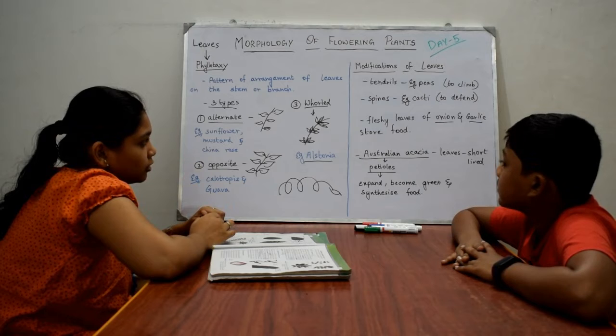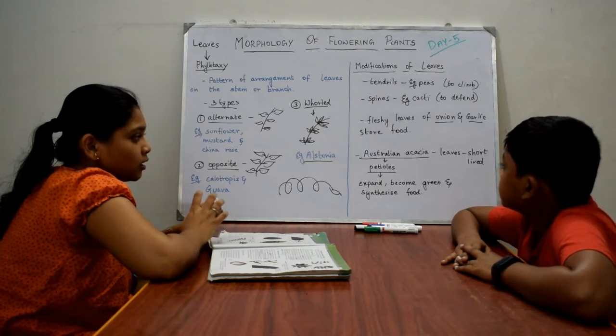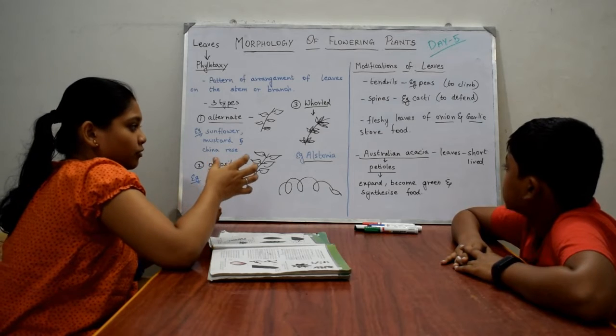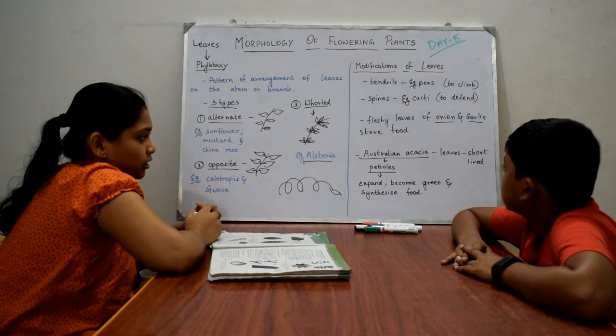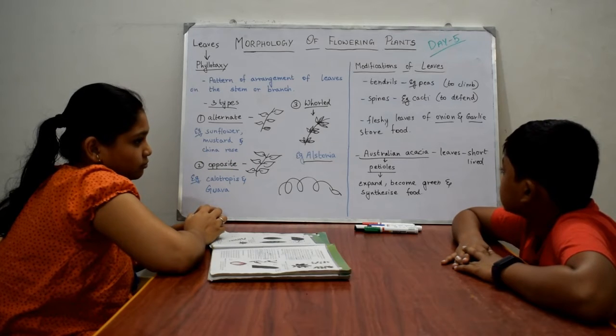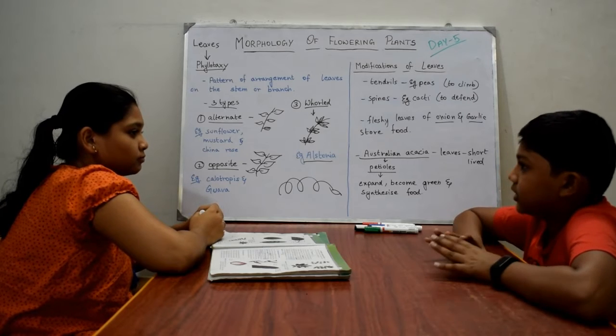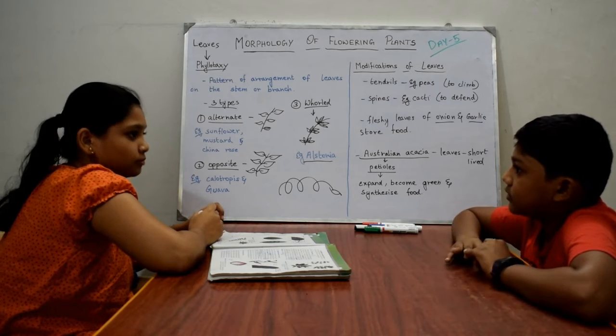They store food, and then the fourth modification is seen in Australian acacia. Here the leaves are short-lived. The leaves die soon and fall down from the branch.